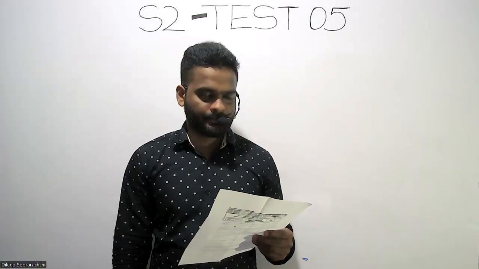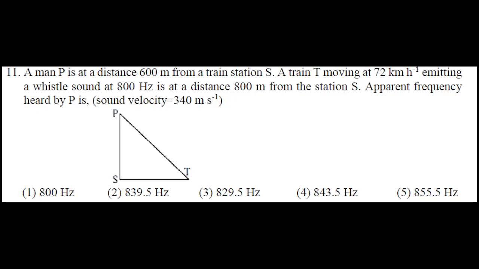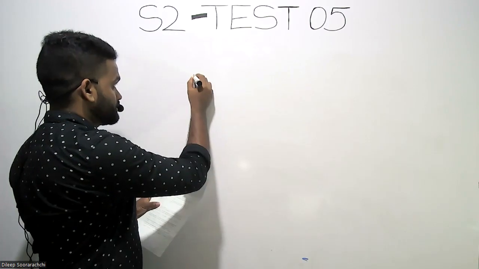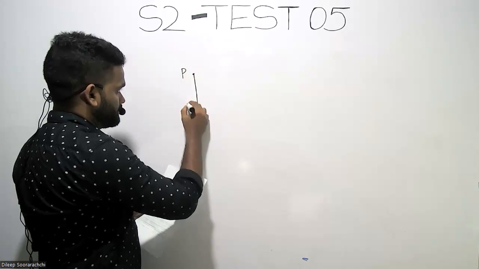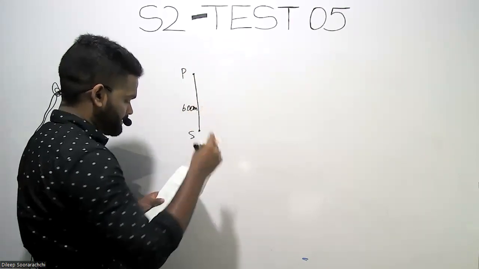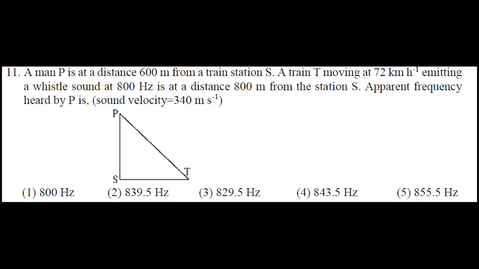Right, 11th question. A man P is at a distance 600 meters from a train station S. This is the man, 600 meters. A train moving at 72 kilometers per hour.